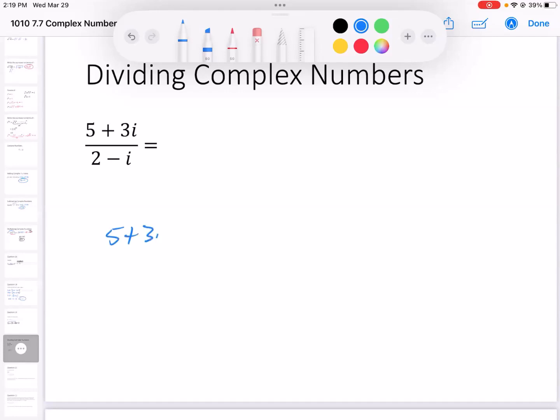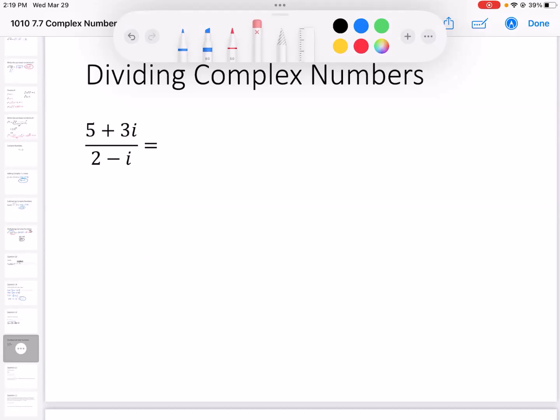So this expression is equivalent to 2 minus the square root of -1. And we talked about when we were working with rationalizing denominators how, if you took the conjugate of this and multiplied by it, it would cancel out the square root. Essentially that's what we're going to do here, and we're going to make it so the bottom of the fraction doesn't have an i in it anymore.